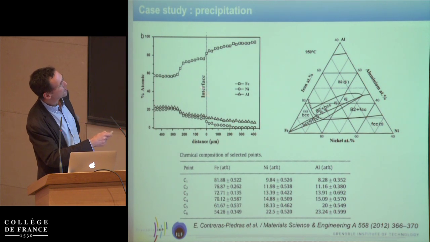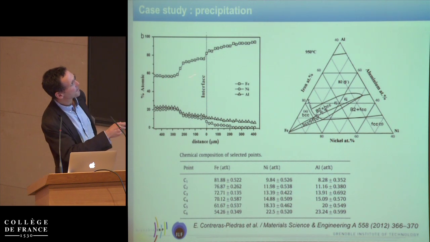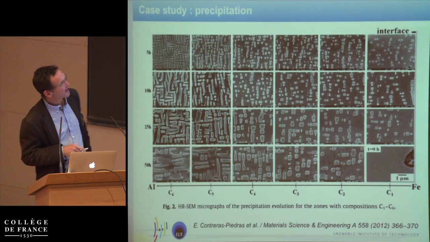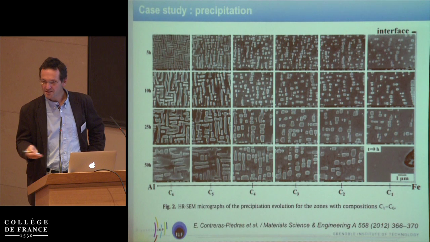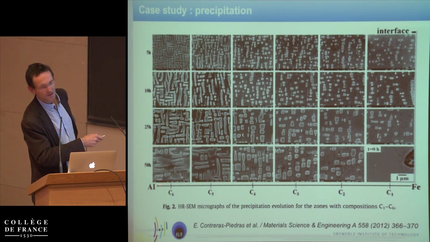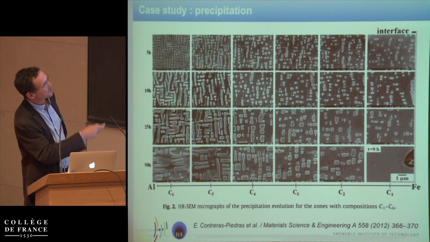The composition was between basically pure iron on this side, with a little bit of nickel and aluminum, and iron, nickel, aluminum on the other side. And so you get a diffusion couple, and then you can heat treat it and get all sorts of microstructure as a function here of position, so of composition in the chemical gradient, and here as a function of heat treatment time.